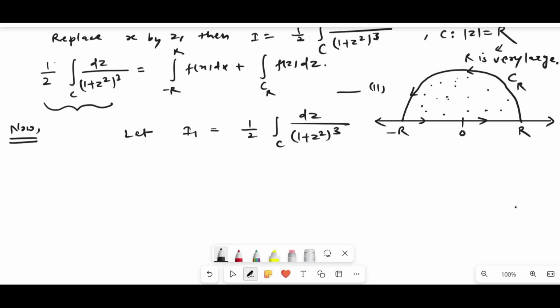So now first of all we need to find the singularity. So we need to put (1 plus z square) to the whole power 3 equal to 0. It will show the value of z is equal to plus minus i, three times.